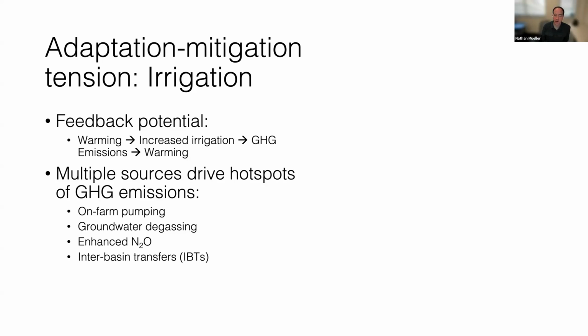We also see groundwater degassing. Some groundwater is super saturated in CO2, and when we pump it up and use it, we allow that water to equilibrate with the atmosphere and that CO2 to be released. We also have increased nitrous oxide emissions from irrigation. And then we have some interbasin transfers that use energy as well.